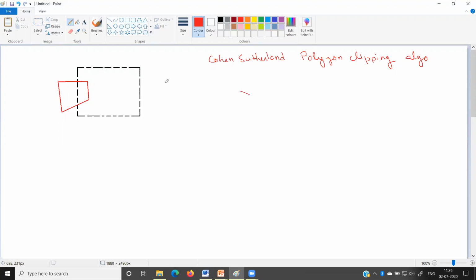So here you can see that this is the polygon drawn by the red color, which we want to clip, and this is the clip window.